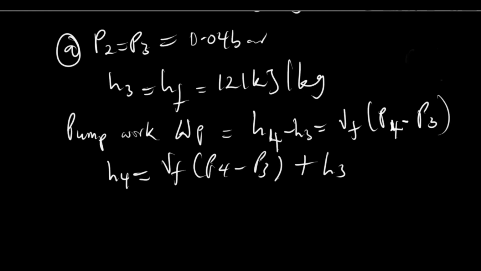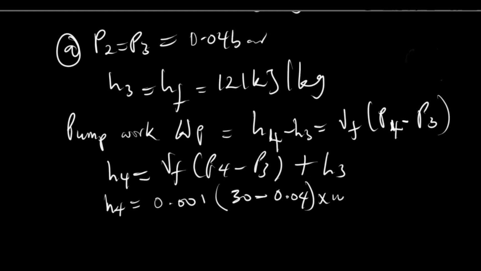Okay, so the value of VF, you can get it from the table. If it's not in the table, it's 1 over the density of water, which is 1000. That will give us 0.001 into P4 is 30 minus P3 is 0.04, but remember it's in bar, so we convert to what?